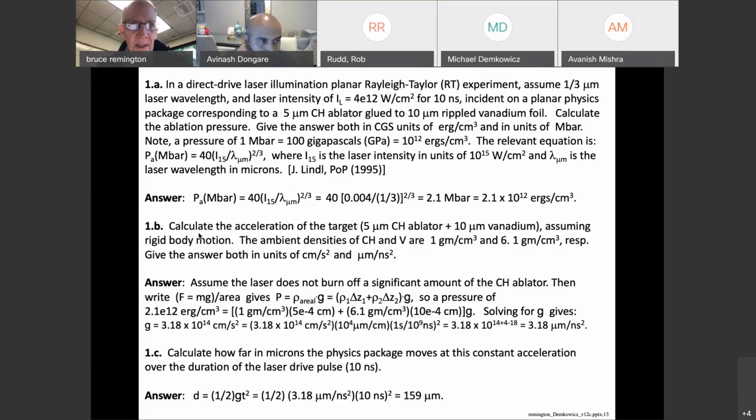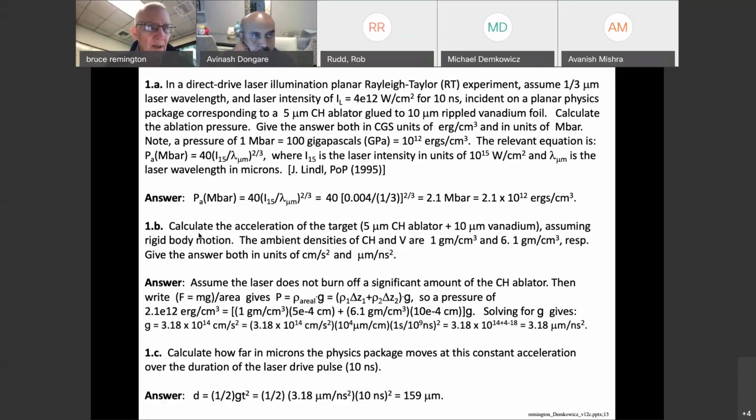The areal density is the sum of two terms, the initial density of plastic, rho 1, times the thickness of the plastic, delta Z1, plus the density of vanadium, rho 2, times its thickness, delta Z2, that quantity times g, the acceleration.